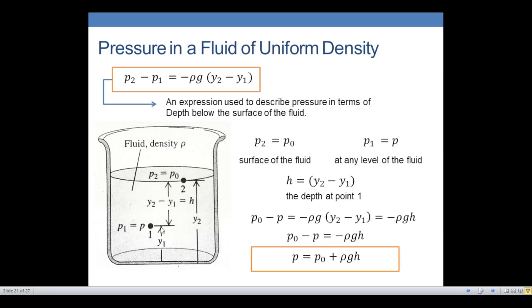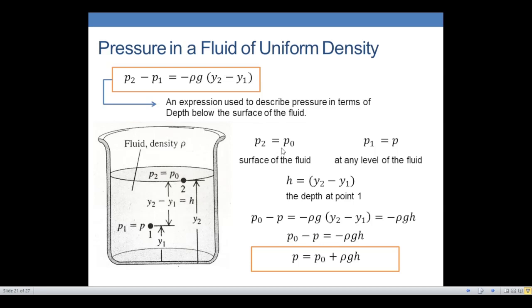Okay, here. Right? So, we could express P sub 1 as the pressure inside the fluid in a particular given elevation or the h. Okay? So, P sub 1 is equal to that particular pressure. And the P sub 2 is the pressure that we can measure or we can get at the surface of the fluid. That is why here I have this expression P sub 2 referring to the pressure that we can get at the surface of the fluid.